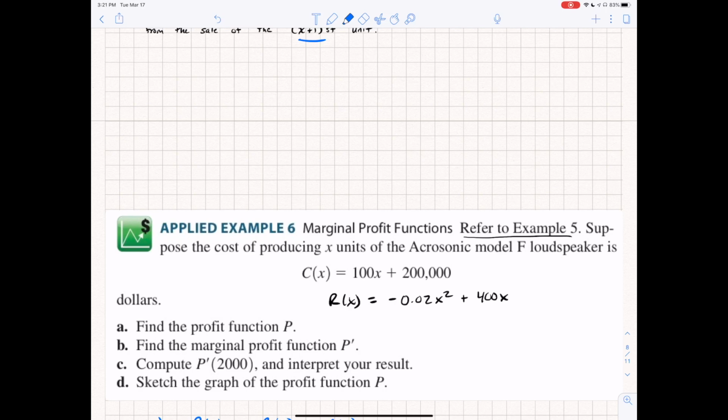Find the profit function P. Find the marginal profit function P prime. Compute P prime of 2000 and interpret your results. Sketch the graph of the profit function P. R of X is equal to negative 0.02X squared plus 400X. This is from referring to example 5 and reusing our answer from that.